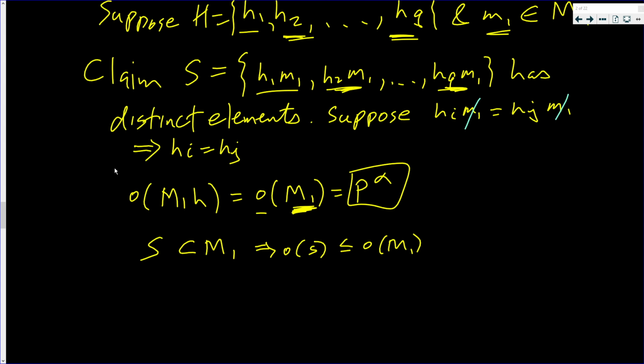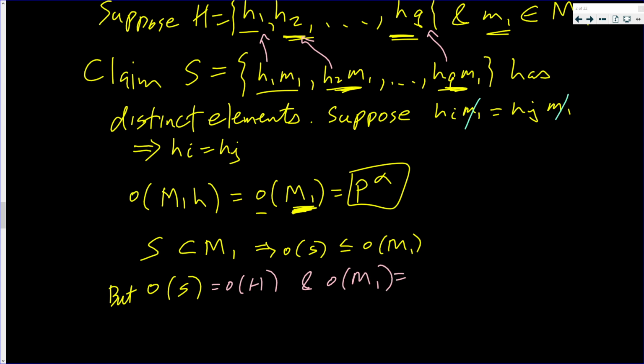But what is the order of S? Well, let's see. It has h1 m, it has h2 m, it has hq m. Oh, it's the order of H. Okay, and the order of M1, as I wrote here, is p to the alpha, not q.